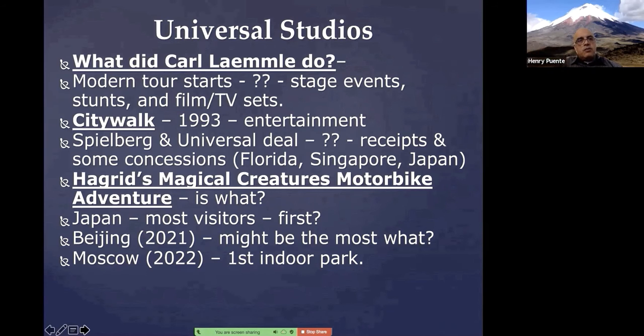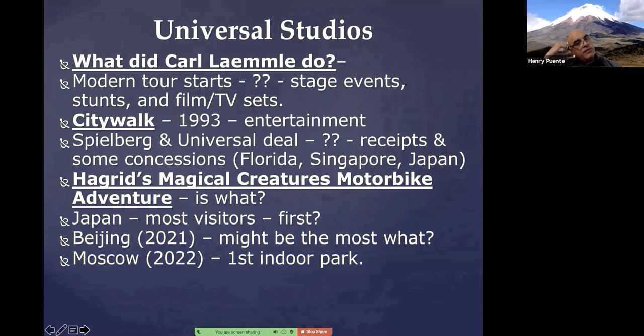But the official modern day tour started in 1964, when Universal Studios was taken over by MCA. So MCA started the modern tour when they bought Universal Studios in 1964. This is when they started having staged events and stunts and really showing people film and television sets.